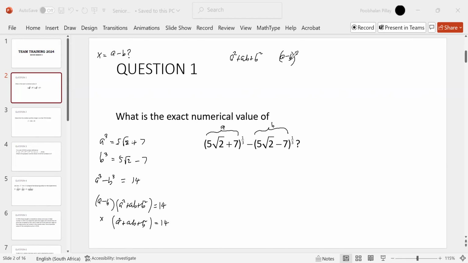All right, so you can bring in A minus B all squared is A squared minus 2AB plus B squared. All right, so to get this, you have to add 3AB to this. So A squared plus AB plus B squared.